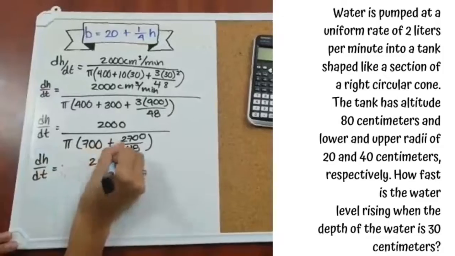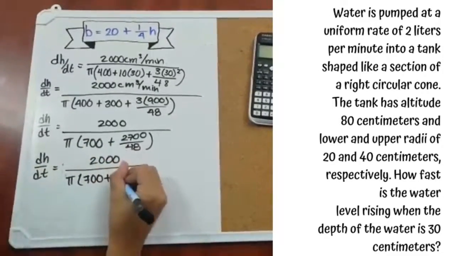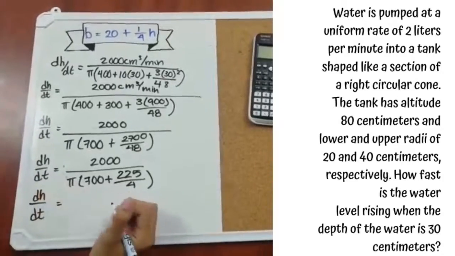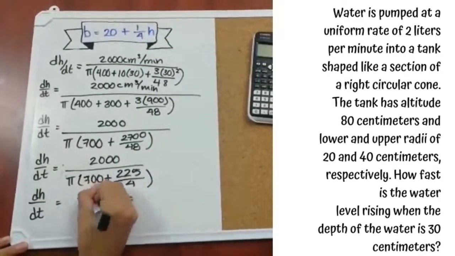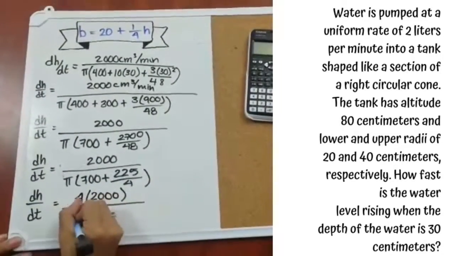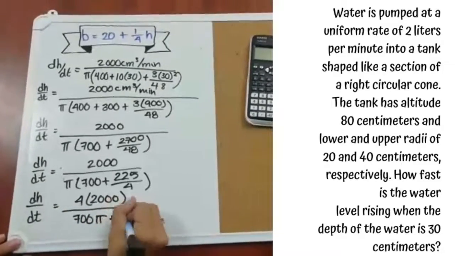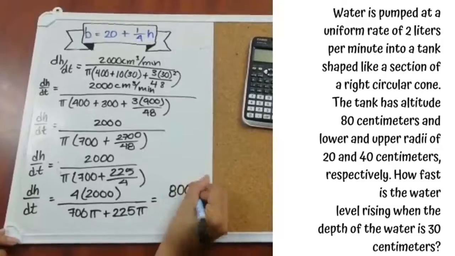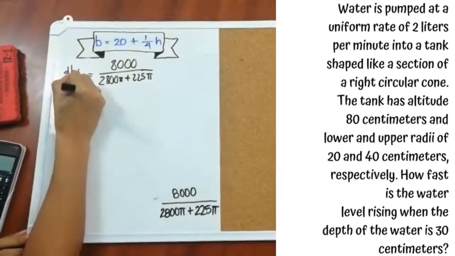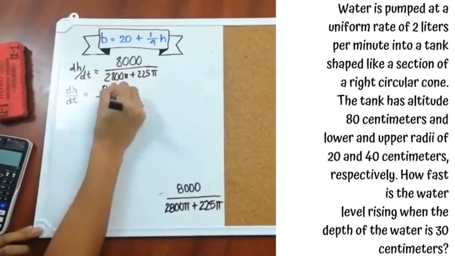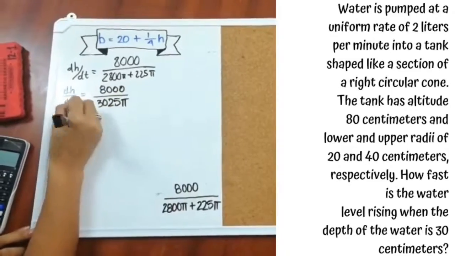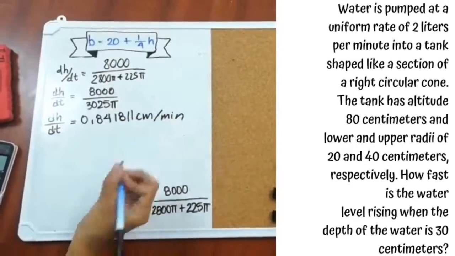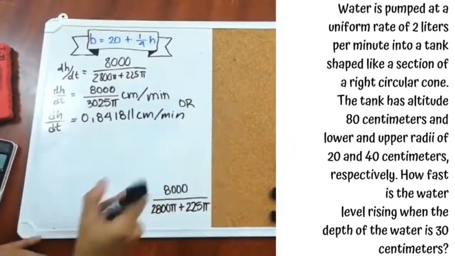You must know the rules of fractions: the division, the addition and subtraction, all of them. Remember that when you divide fractions, you must do the reciprocal. If not, you're going to get a wrong answer. Okay? So the final answer is 0.84 centimeters per minute.